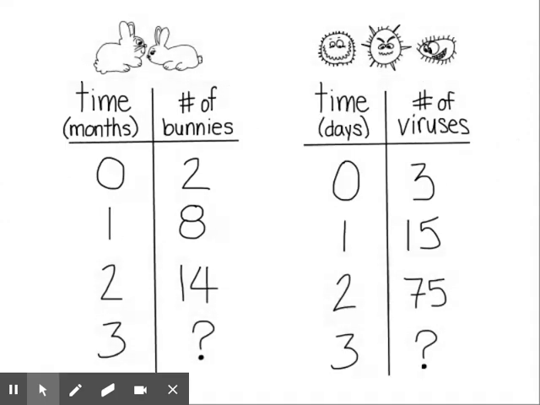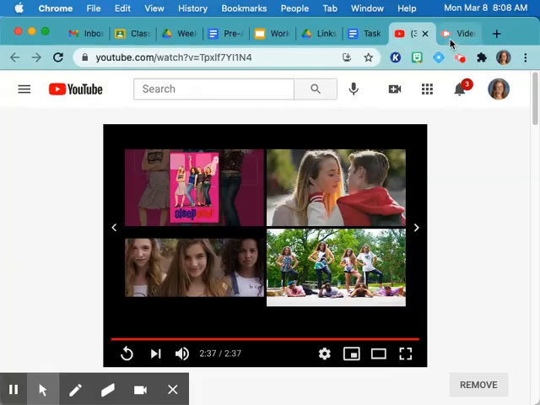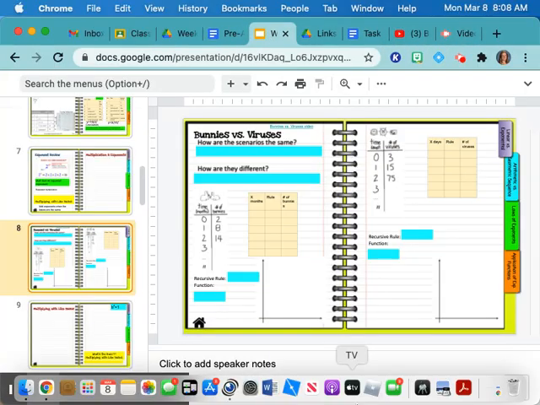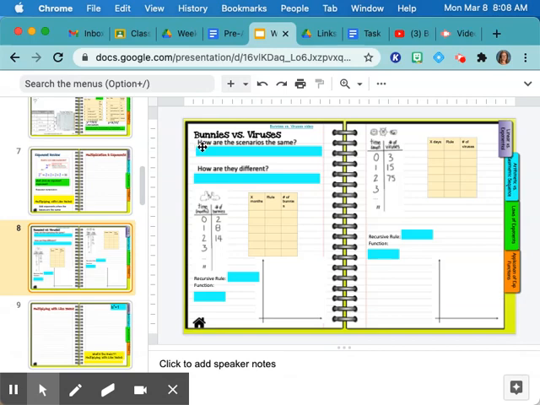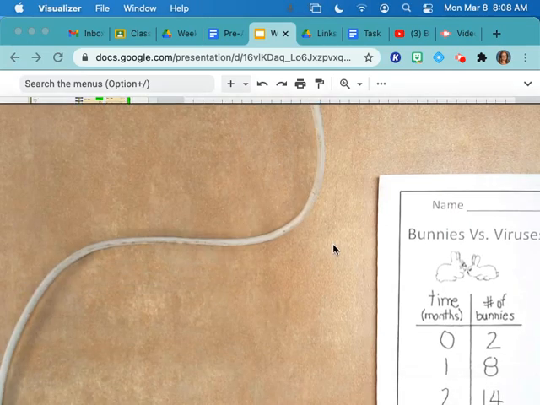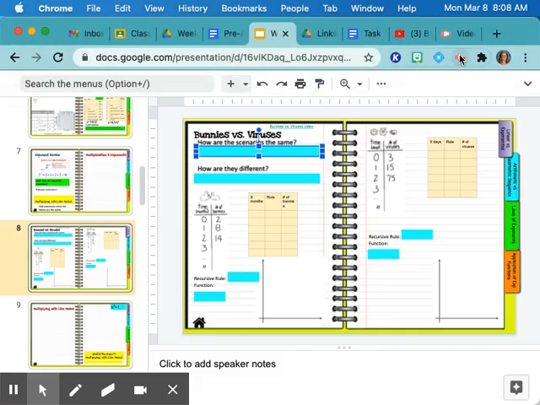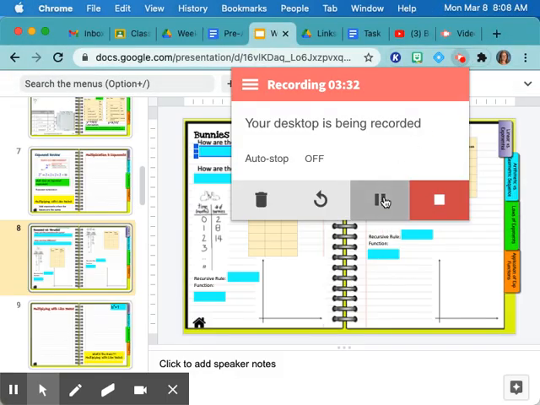Okay. Do they have the same behavior? So let's answer the question here. How are the scenarios the same? You can do it on here or the one that I printed out. It's up to you. I'm just going to do it on here. Talk about this out loud.